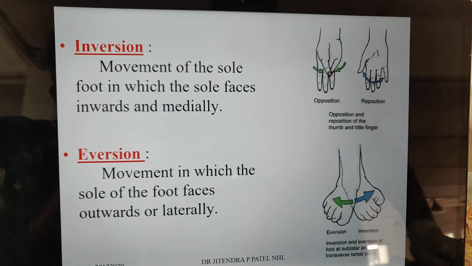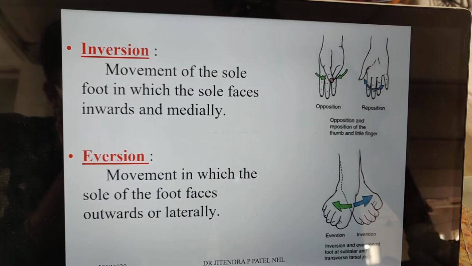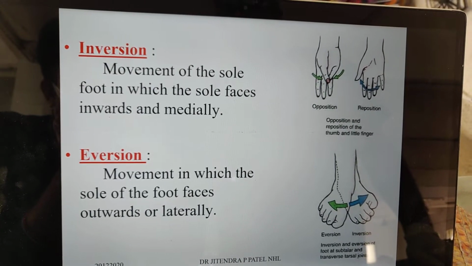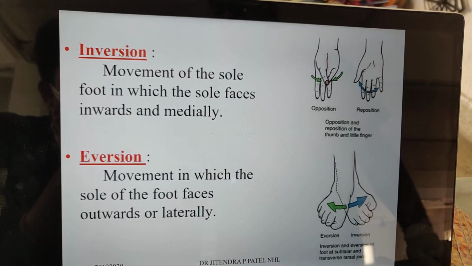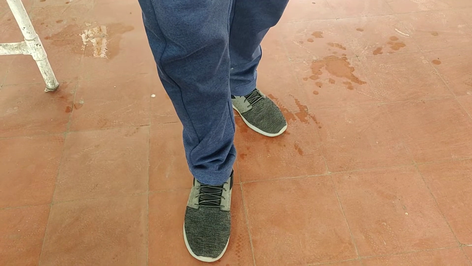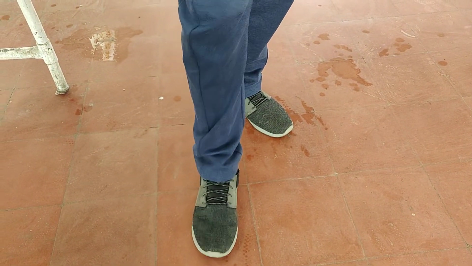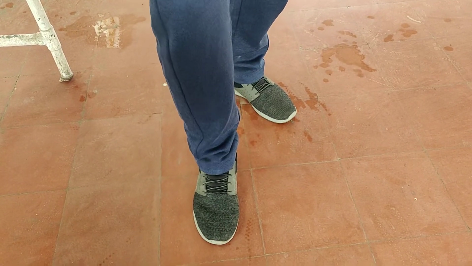Inversion and eversion. The movement of the sole of the foot in which the sole faces inward or medially is called inversion. When the sole of the foot faces outward, laterally, it is called eversion. This is the example: this is my foot on the horizontal surface.